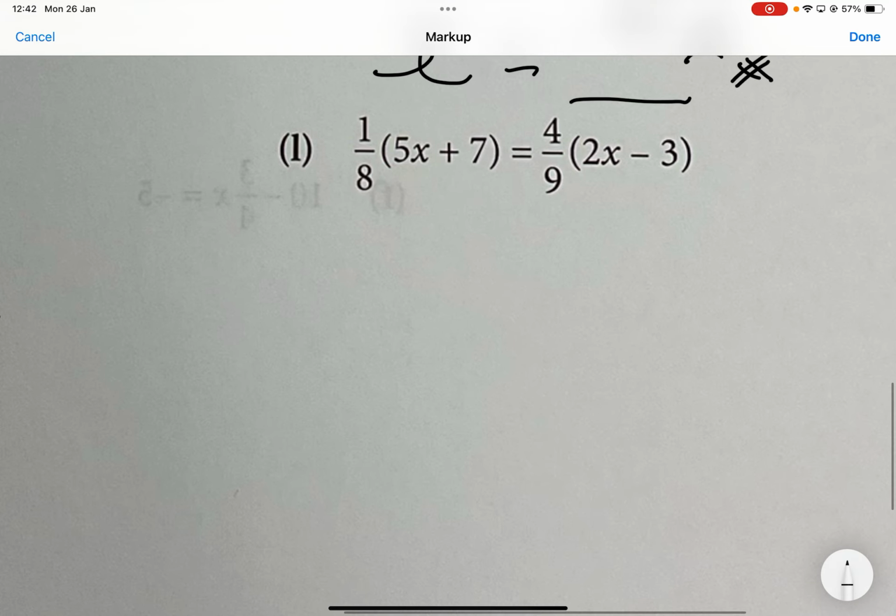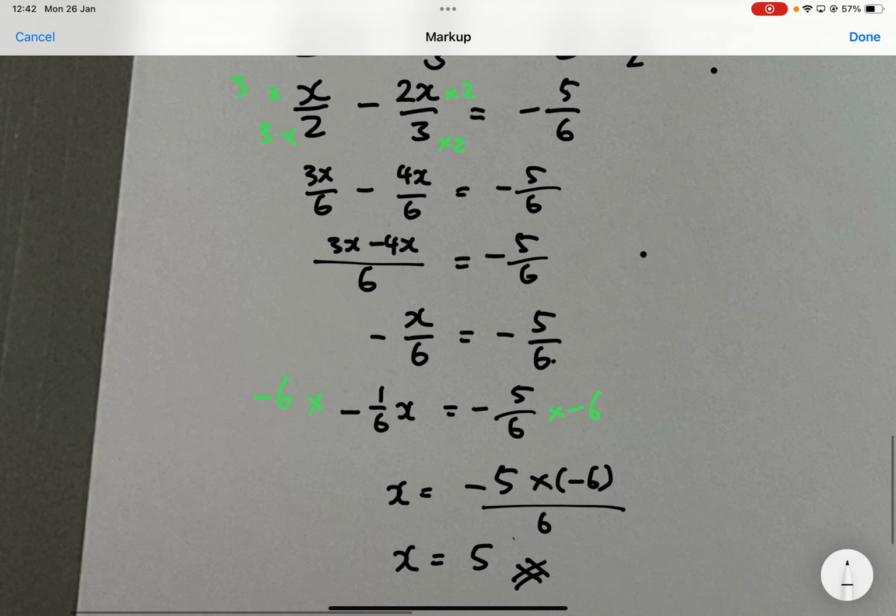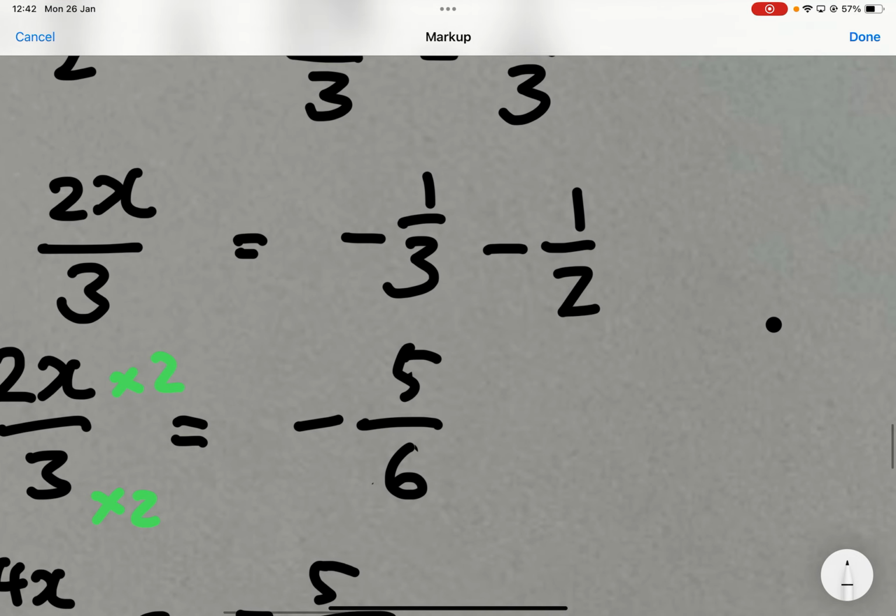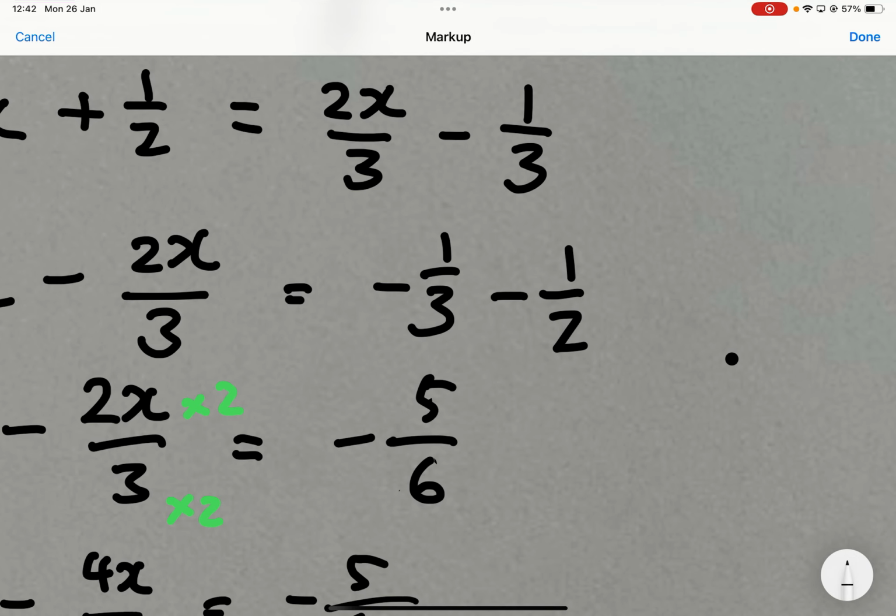Okay, do we do part L together, or do you all want to try on your own? Negative 1/3 minus another half. Press the calculator. Is the calculator wrong or am I wrong? Minus 1/3 minus half.